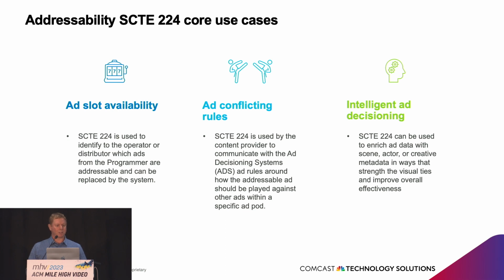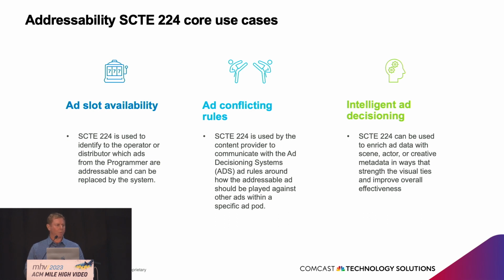Specifically as it relates to SCUDdy 224, there's three main use cases where it applies. First is around ad slot availability, and this is specifically the operators being able to identify which ads to replace to be addressable.